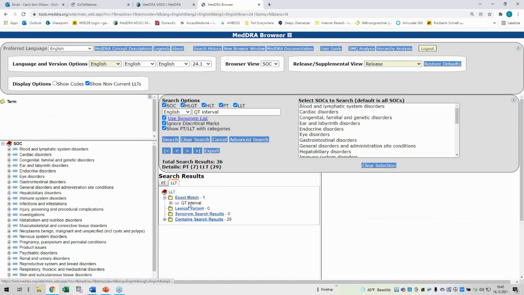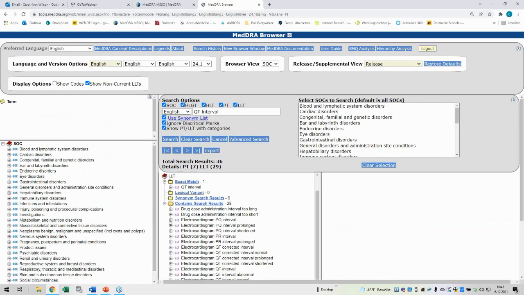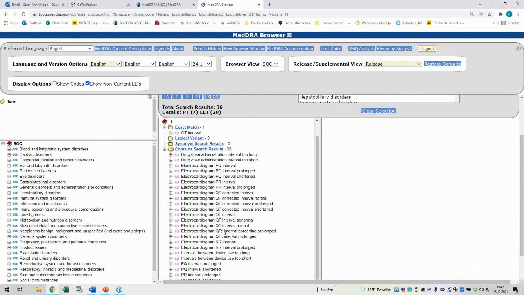QT interval would be the test only, that would be used in order to code the test only, not the test result. We have a QTc reported, that the QTc interval was prolonged. Here it is, electrocardiogram QTc interval prolonged. It was not reported as prolonged in a borderline sense, it was reported as prolonged. So this would be the appropriate term selection.